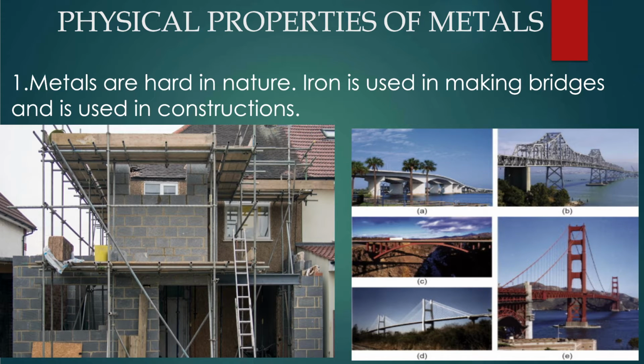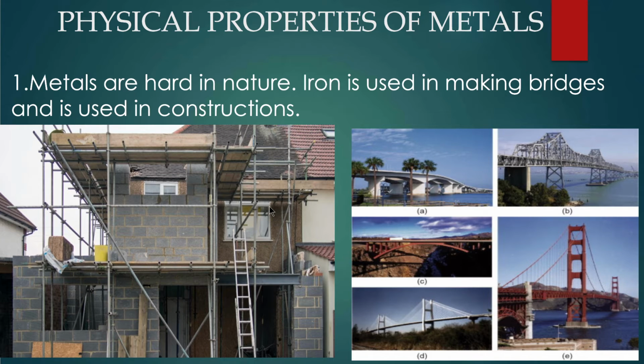physical properties of metals. The first one, metals are hard in nature. For example, iron is used in making bridges and is used in constructions. Since iron is very hard, it is being used for construction purposes, children.